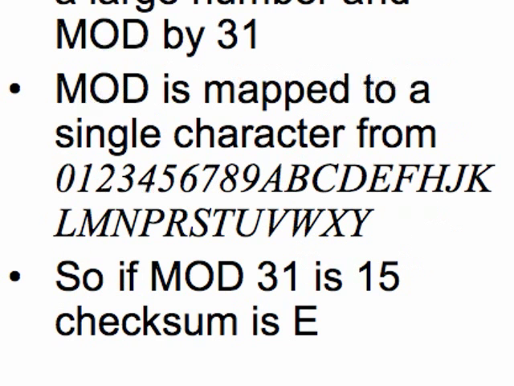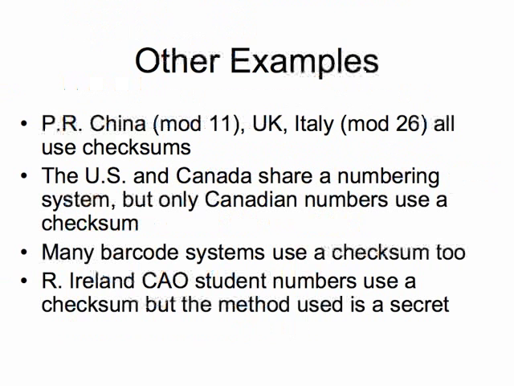However, there aren't 31 letters in the Finnish alphabet, so they use digits as well. 0 will give you 0, 1 will give you 1, 2 will give you 2, and 3 will give you 3. But 10 would give A, 11 would give B, 12 would give C, and so on, all the way up to Y.